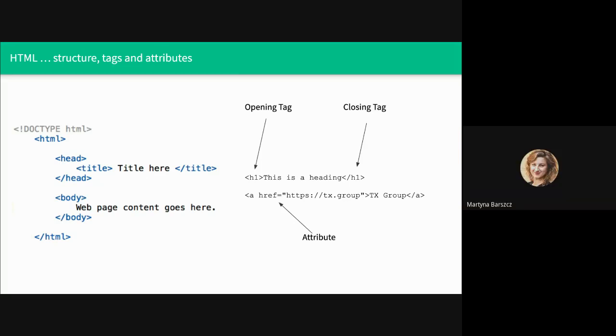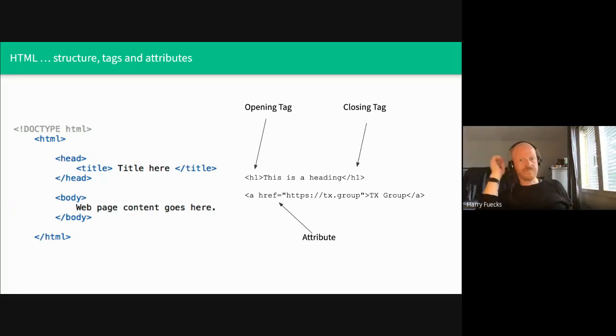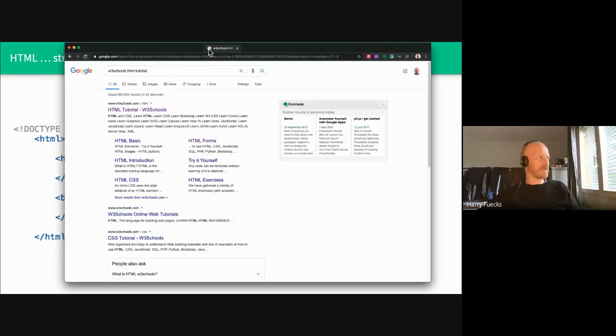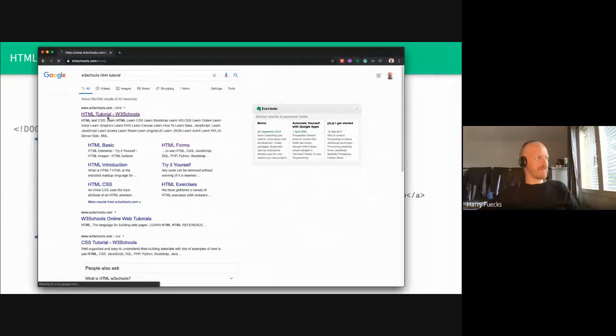All good. Okay, so there's a ton of places online where you could learn more about HTML. W3 Schools is a website that's not actually the most popular with everyone in the world, but with developers.